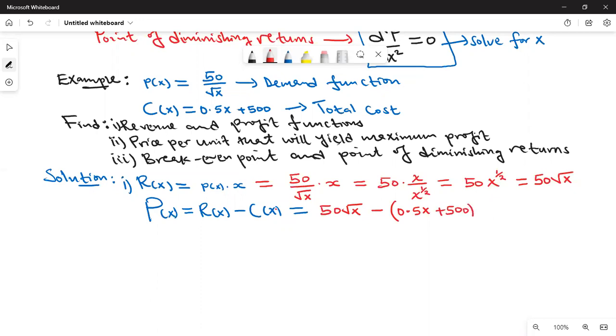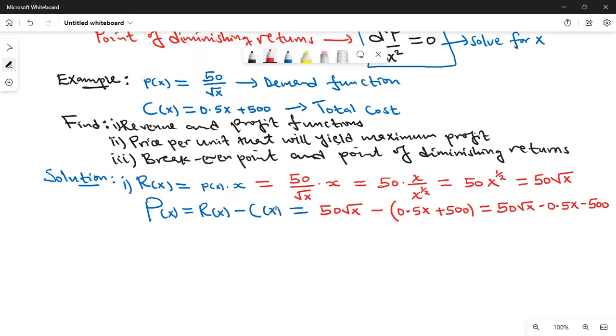When I subtract, I'm going to get the profit as 50 root X minus 0.5X minus 500. That is our profit function.